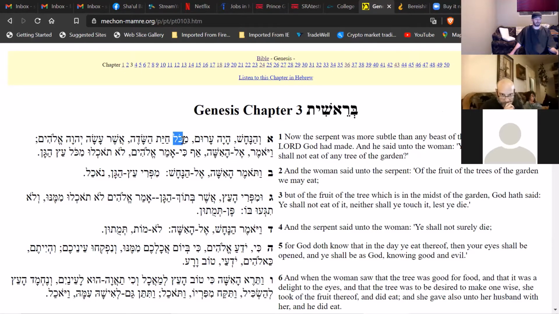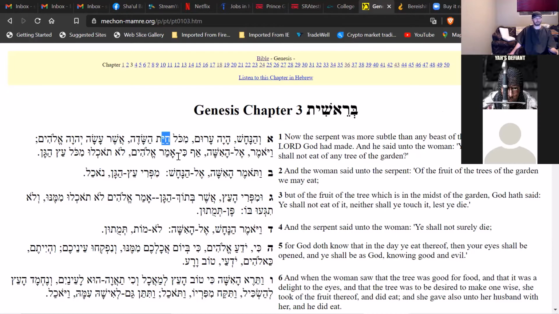The word kal, kaf and lamed, is the word for all. So a more literal translation of this would be from all of the beasts of the field, or life. All life of the field would be a better translation, because it's using this root word life, which is chay, the chet and the yad.